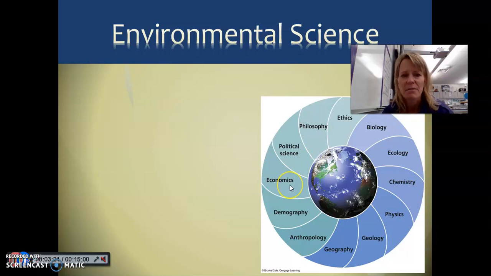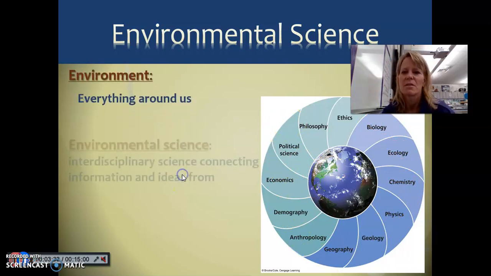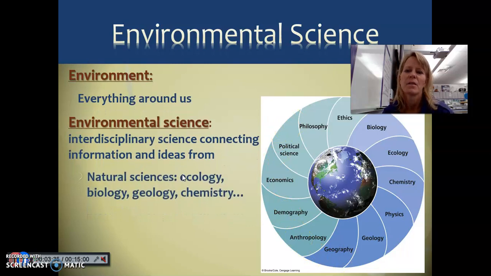How does economics influence environmental science? Is there money in our economy to put towards conservation, for instance? So it ties in those natural sciences, but also ties in all of those social sciences as well.